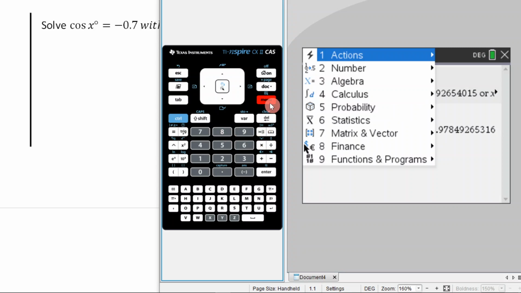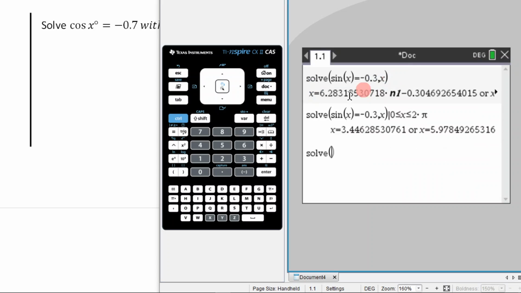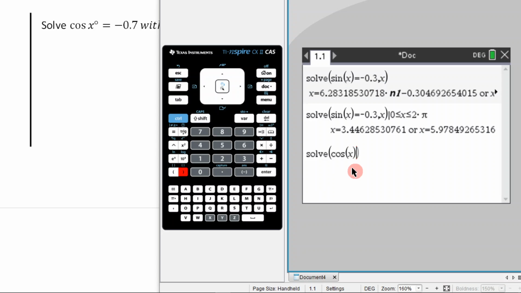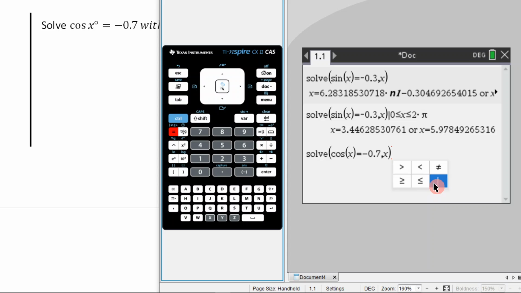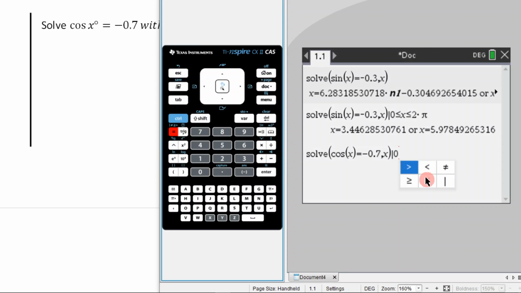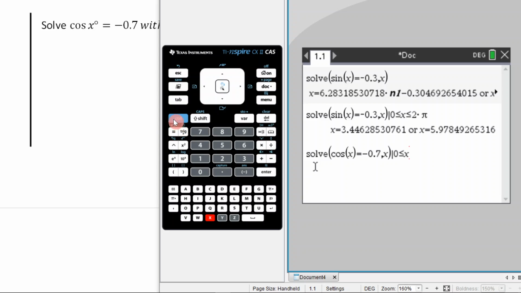Then we're going to go menu, algebra, solve, trig, cos x is equal to negative 0.7 comma x, control this such that 0, control that, is less than x, control that, is less than 360.